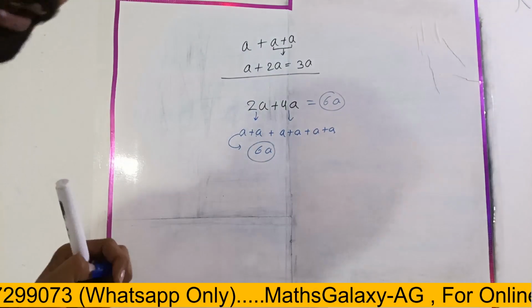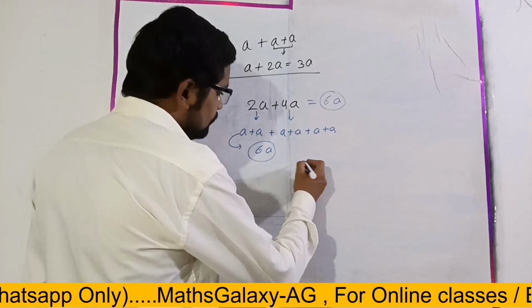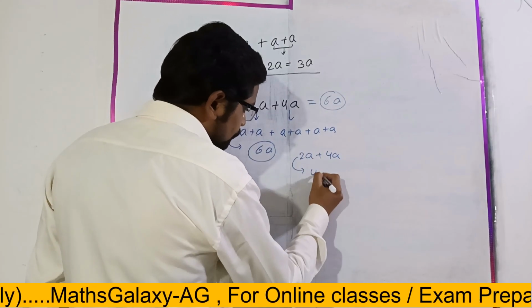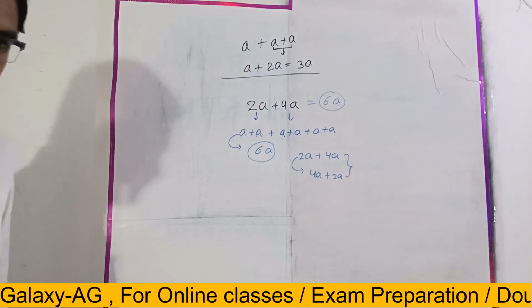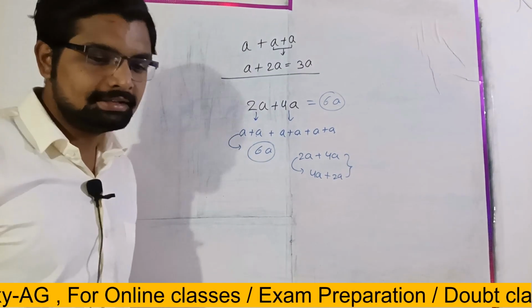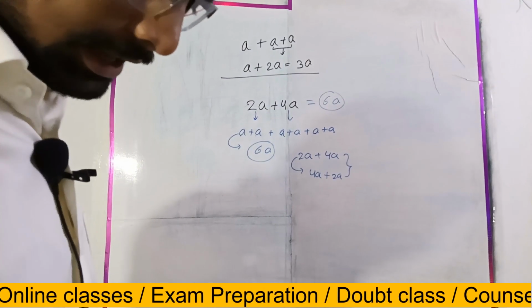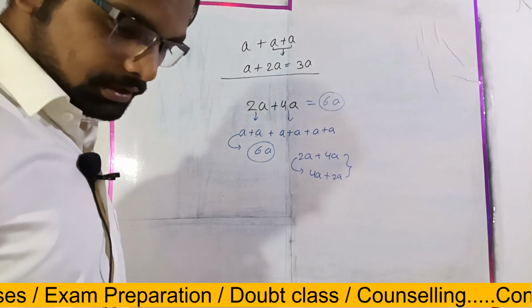Is it clear or any doubt? No doubt. Okay, tell me, 2a plus 4a and 4a plus 2a, are both the same or different? Same, they are the same. Okay, is it clear? Now here there are some questions.